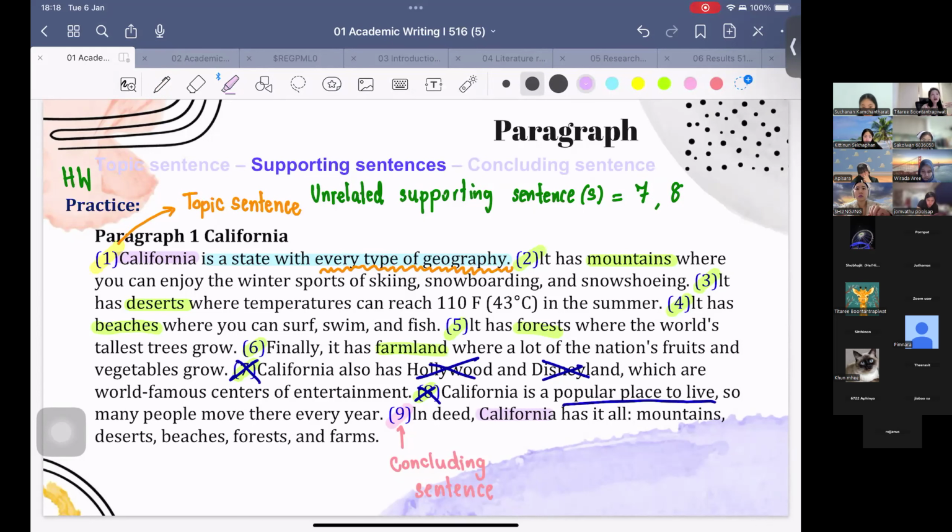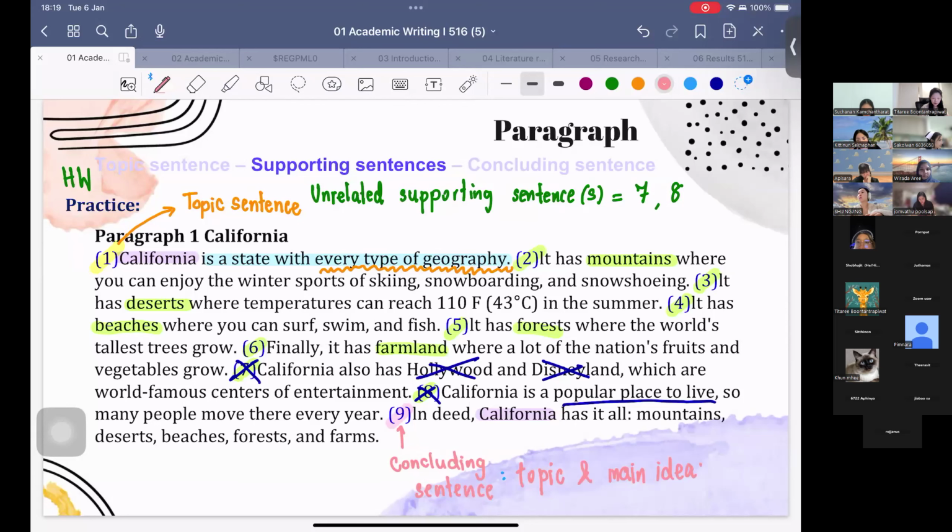However, when we provide a concluding sentence, we provide a summary. So it's going to be the topic, and again the main idea. So we provide a specific summary.